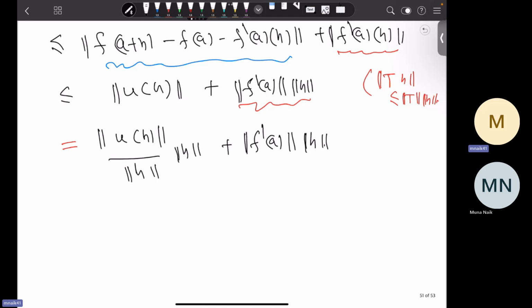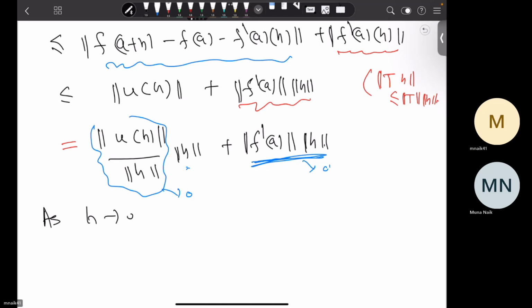As h goes to 0, observe that the norm of u(h) by norm h goes to 0, and norm h anyway goes to 0, and f prime(a) is a fixed number, so this goes to 0.